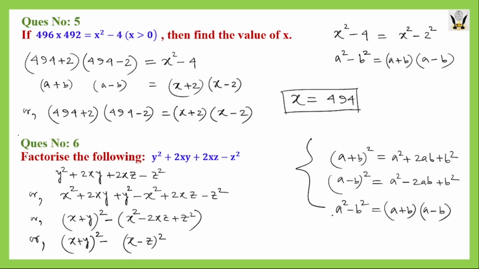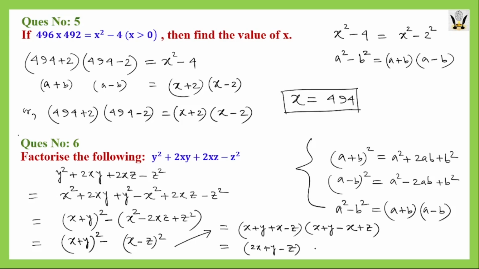So if we follow the third identity and simplify a little bit, it will be 2x plus y minus z, and the second term is y plus z, since x and minus x cancel each other. This will be our simplified answer.